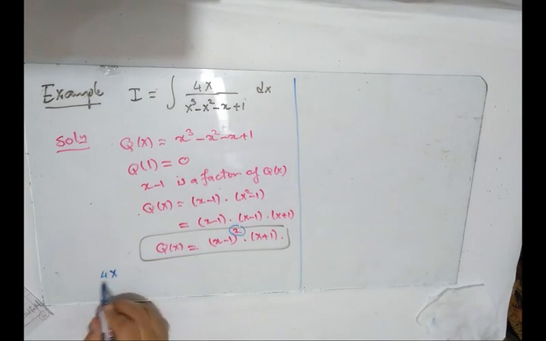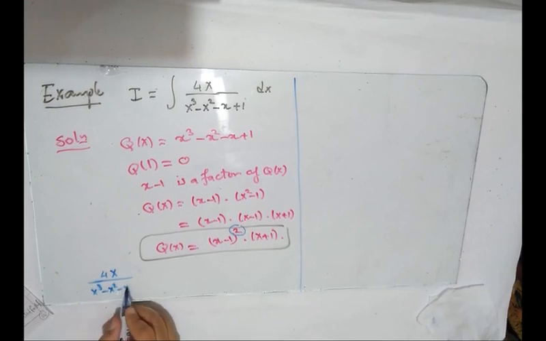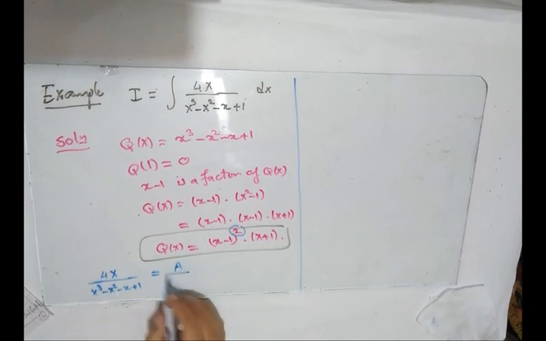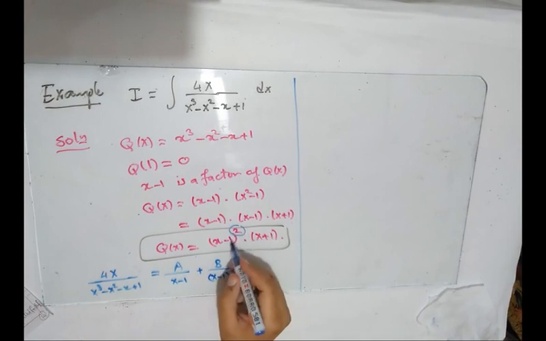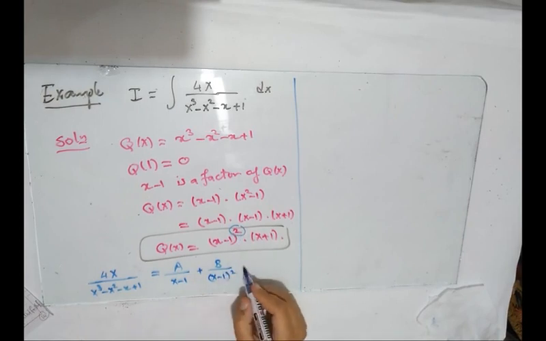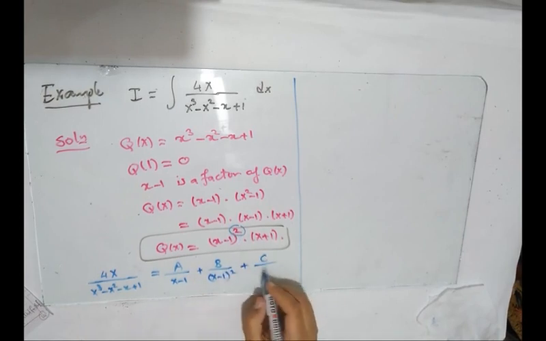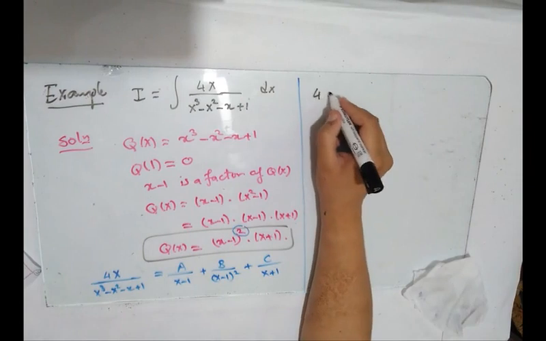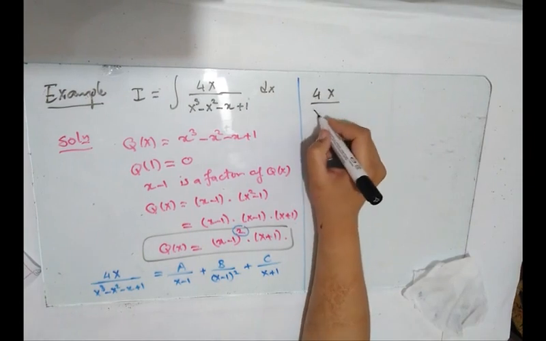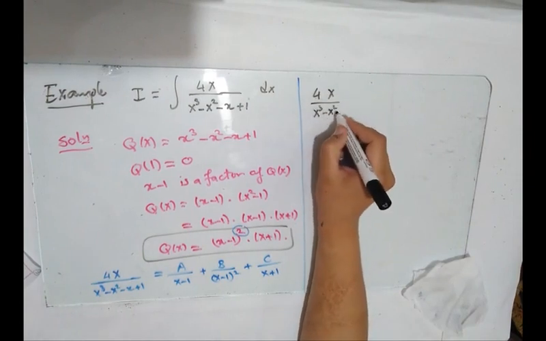So the partial fraction decomposition of this rational function is a over x minus 1 plus b over (x minus 1) squared, because this is repeated 2 times, and c over x plus 1.